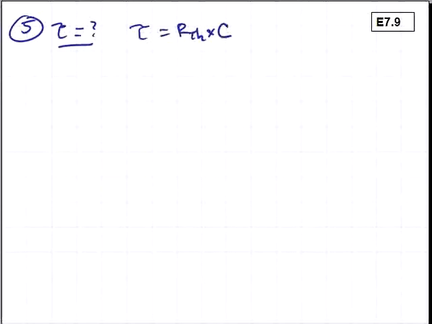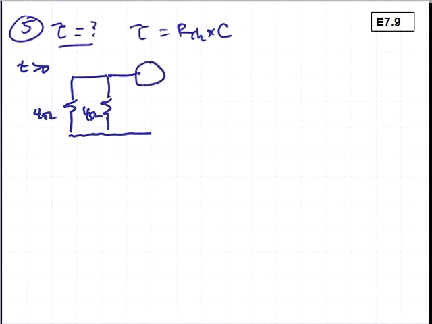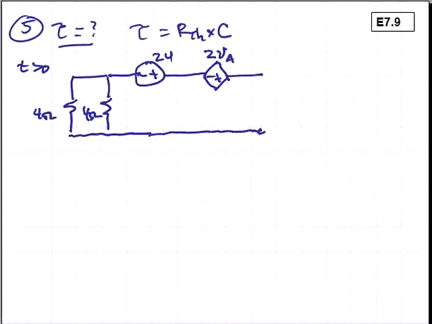We'll draw the equivalent circuit for t greater than 0. We have those two 4-ohm resistors appearing in parallel. We have the 24-volt source, our dependent source, 2VA, and then the terminals where the capacitor is connected.